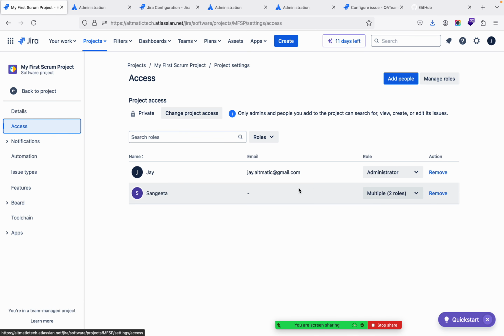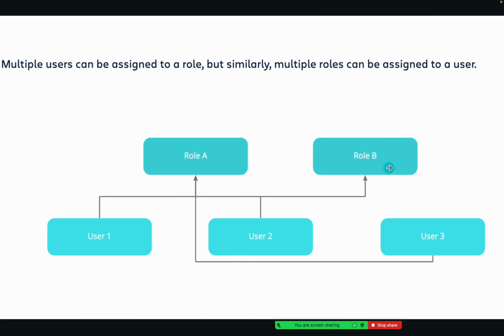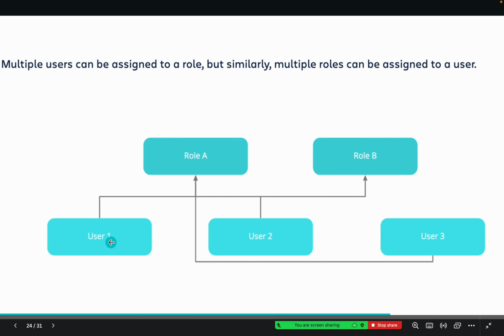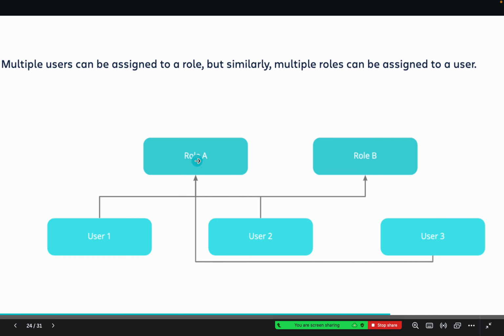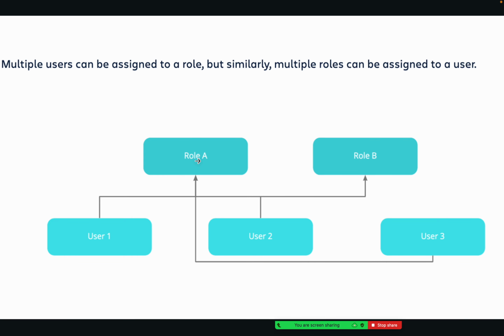So if you see, Sangeeta here has two roles, and this one has only one role. So user 1 has role A, role B. So one user can have multiple roles. User 2 has role A and role B, but user 3 has only role A, right?